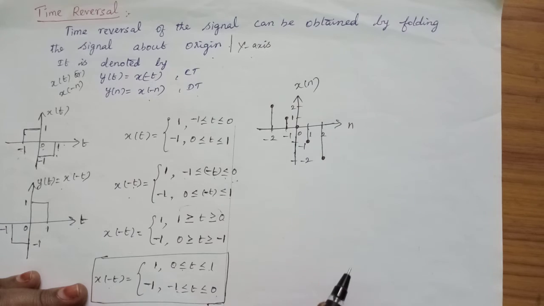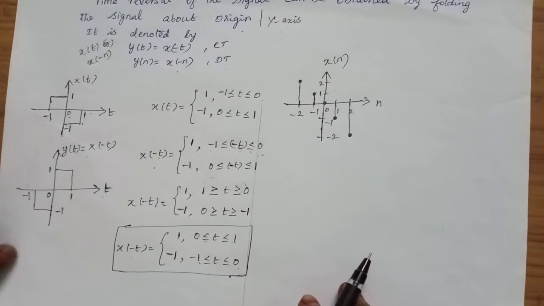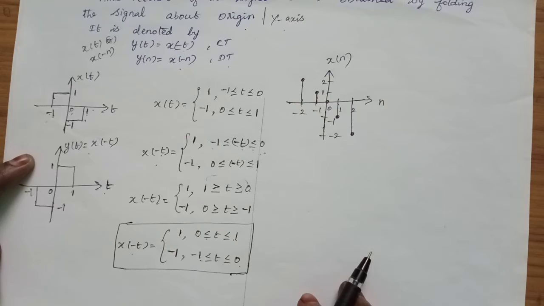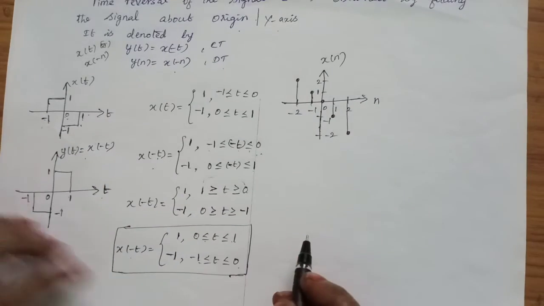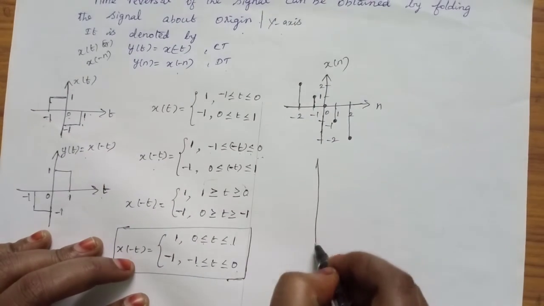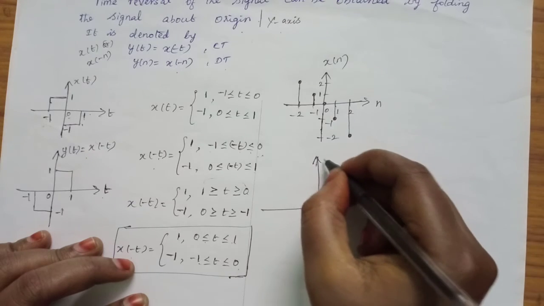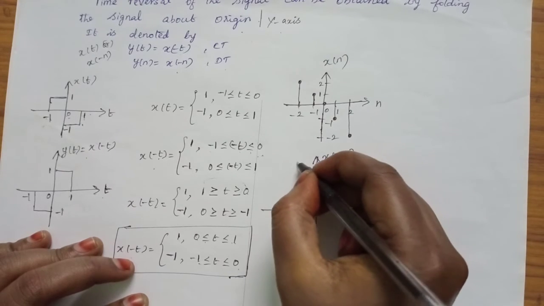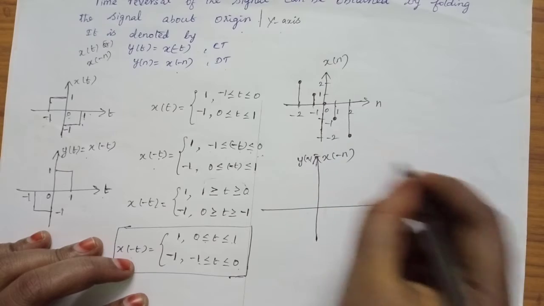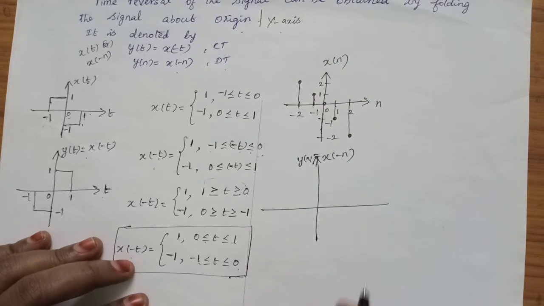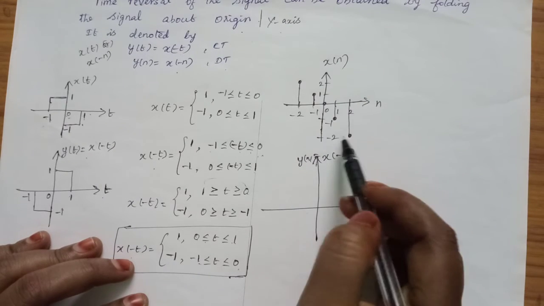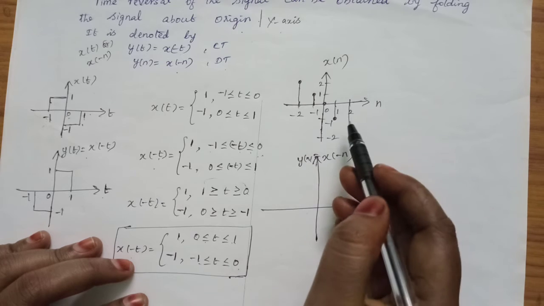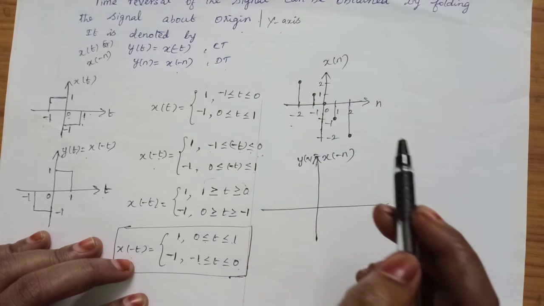As we discussed in the continuous example, we can draw x of minus n, that is y of n equal to x of minus n. Whatever is present in the right side of the signal gets reflected to the left side of the signal.